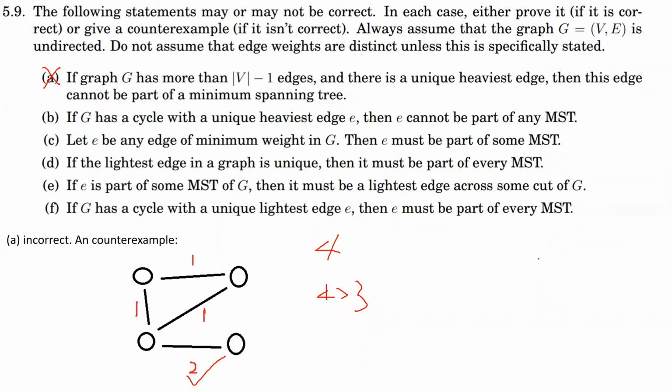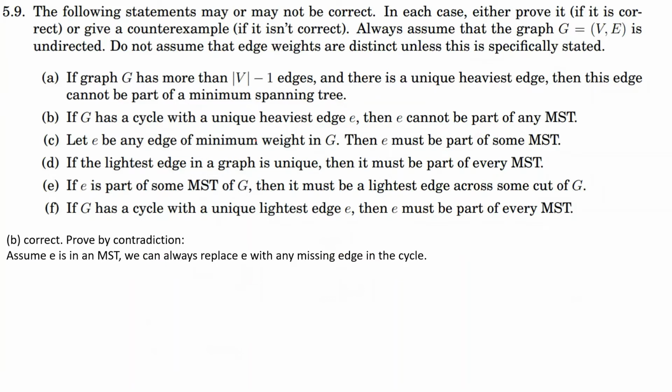Okay, so let's look at B. B is correct. We can prove this by contradiction. It says if G has a cycle with a unique heaviest edge E, then E cannot be part of any MST. So you can assume that we have an MST with edge E, let's say edge E connects U and V in the MST.